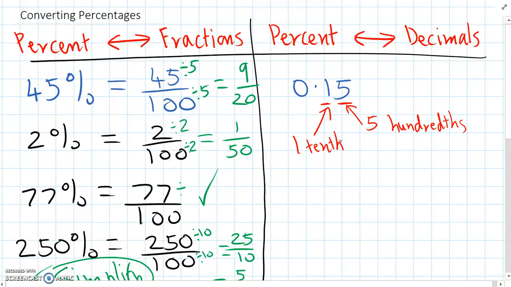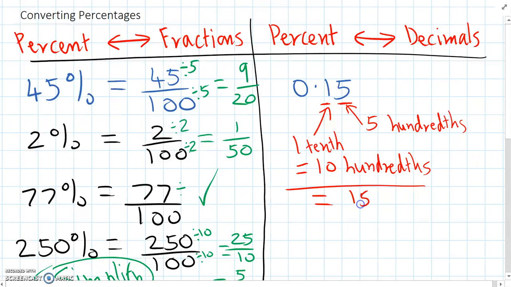And remember that 1/10 is the same as 10/100, because every place value is worth 10 of the smaller one next to it. So overall, we have 15/100 in total.